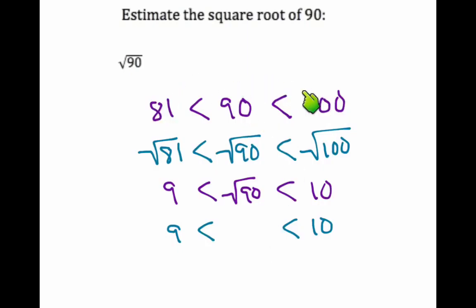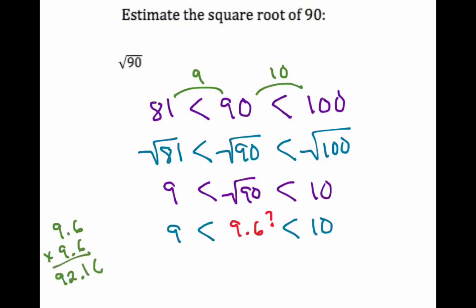How far away from each of these is it? Well, 90 is 9 away from 81, and it's 10 away from 100. So logic would say that it should be 9.4, 9.5. I went with 9.6, which was a mistake, because that would put it closer to 10 than 9. But remember, it's further away from 10 than 9.